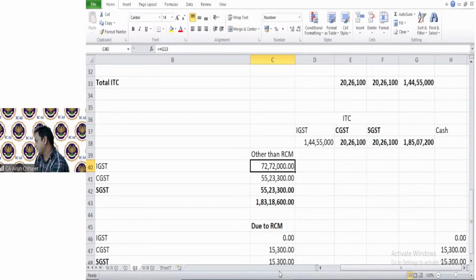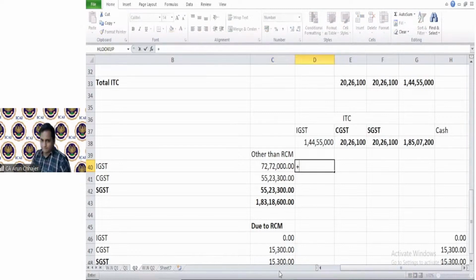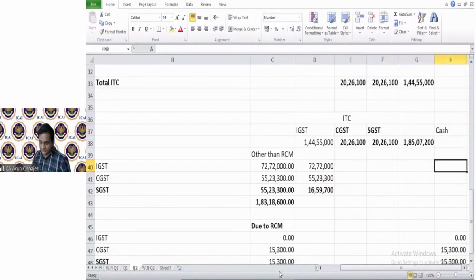Namrata is saying only RCM liabilities are payable in cash and everything else can be paid through credit. So let's say I've used CGST, SGST and the balance amount from IGST. And now there is no liability for C.